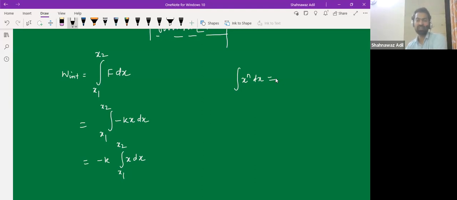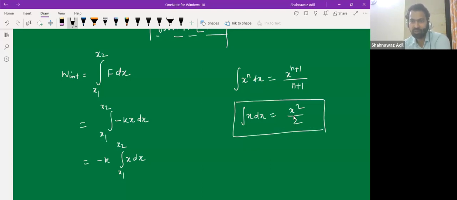Please revise, guys. It is x^(n+1), and then divided by n plus 1. So from this property, for x, n is 1, right? Always remember this. It should be at your fingertips because you always see this integral.